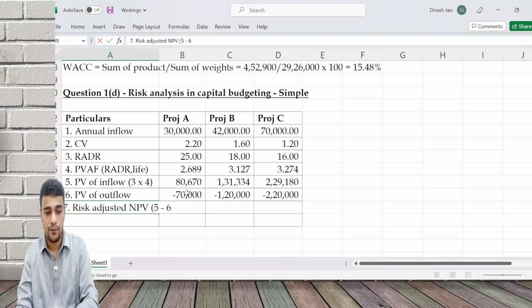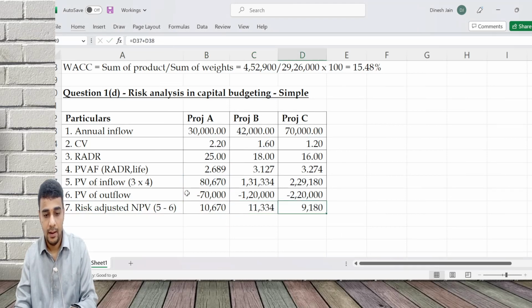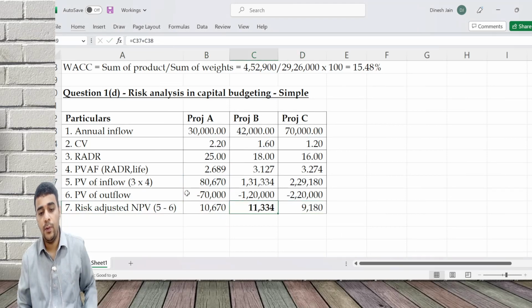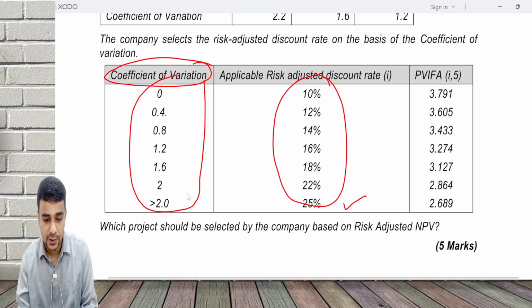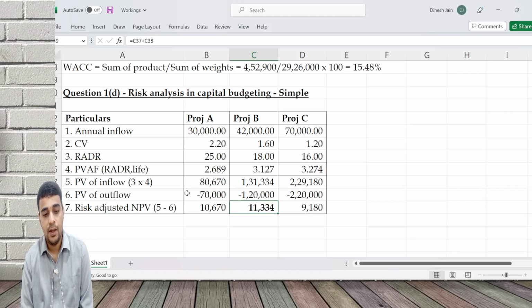Inflow minus outflow. We will go ahead with the highest project. They said which project is to be selected. I'll select project B because that has the highest risk adjusted NPV.